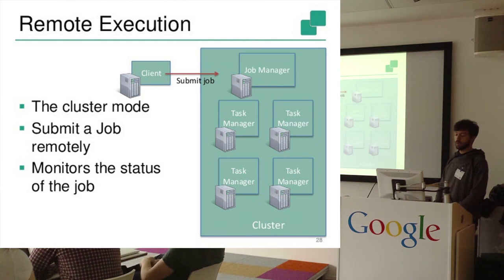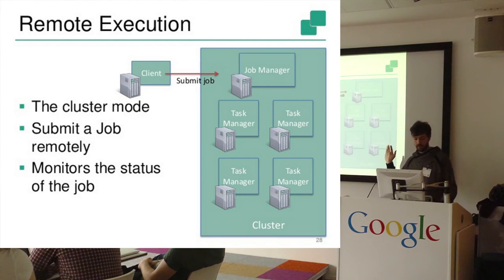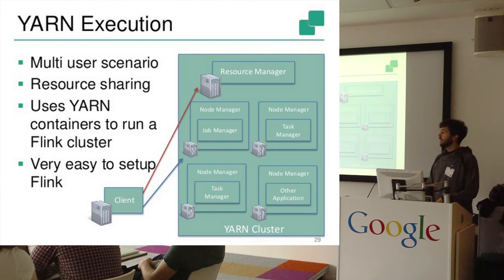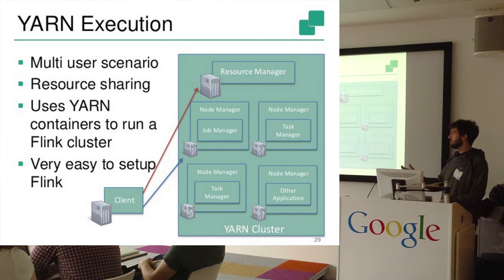There we run the job manager and the task managers on individual machines of a cluster. Then there's also the Yarn integration, which is currently the best way to run an Apache Flink program in a multi-user scenario. Some of you probably know Yarn.